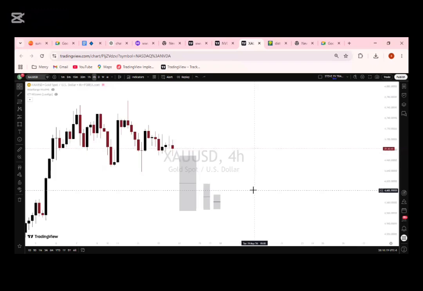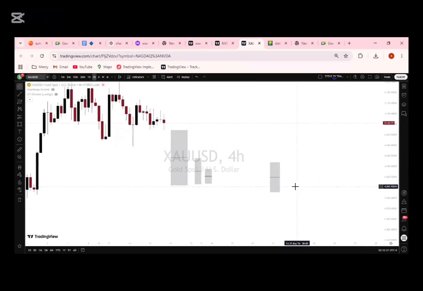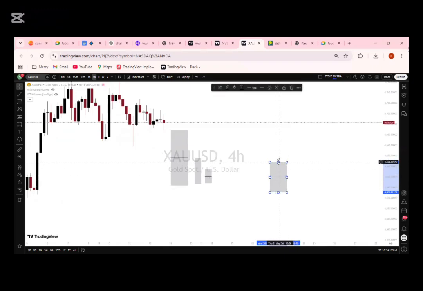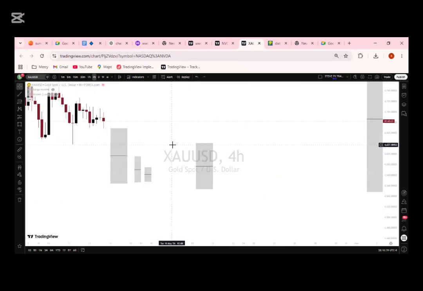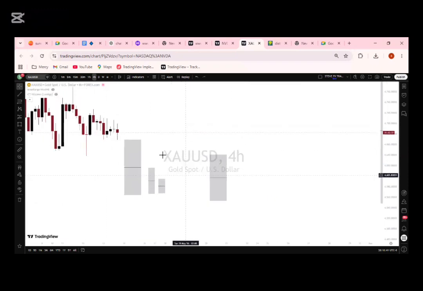So for example, let's say you take your order block from a daily or 4 hour time frame. Now this becomes your 4 hour order block. Now when you go down to the 1 hour time frame, you might notice something like this, about two candles from the same order block zone that you picked.